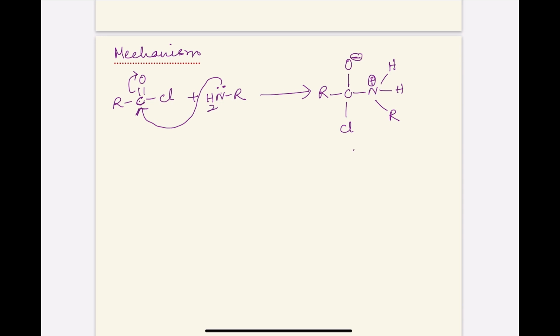In the next step, the electrons move back to form the carbonyl, and the chlorine is lost. So we get R C double bond O, N, with a positive charge on the nitrogen, and R. On this, the chloride ion picks up the proton, and we get the amide.